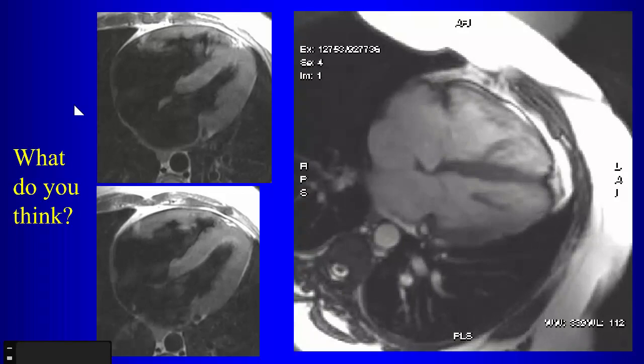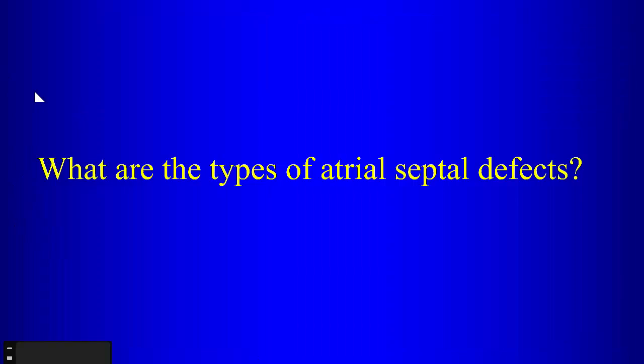The type of atrial septal defect that is most common is secundum, right? That's the most common. Now, what are the other types? What are the different types of atrial septal defects? What can we have? So we can have sinus venosus ASD, you can have secundum ASD, and you can have primum atrial septal defect, right?